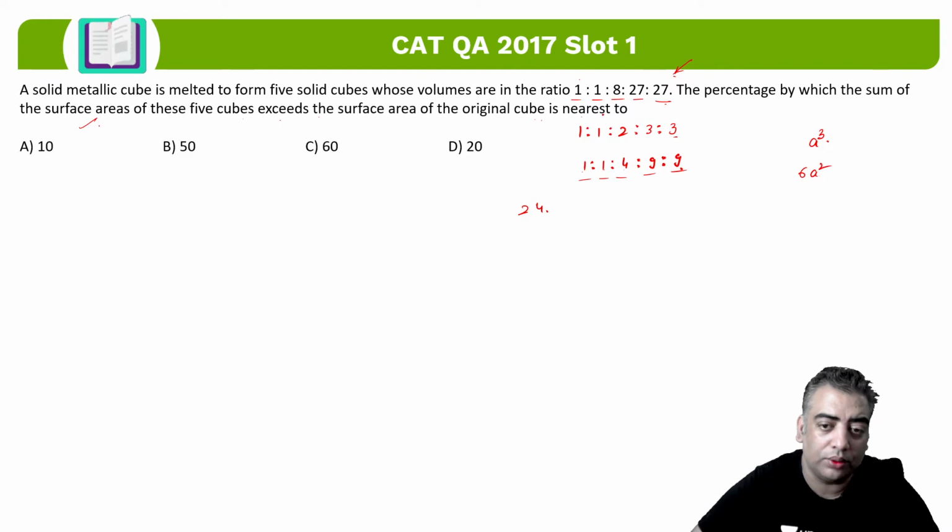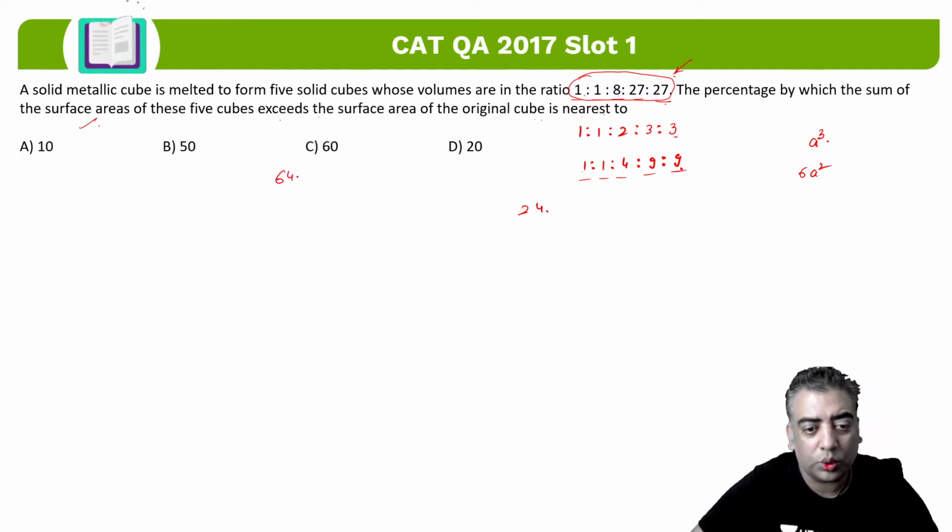When it comes to calculating the surface area of the original cube, we just need to focus on the total volume of the original cube, which adds up to 27 plus 27, 54 plus 10, 64.